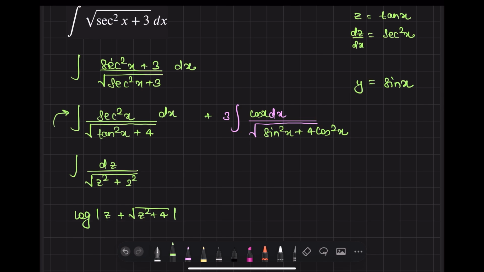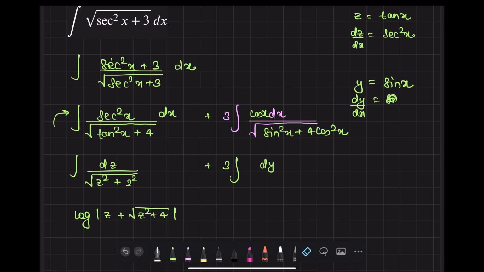So look at this, be very slow and look here. So cos x will become dy, dy by dx is equal to cos x.